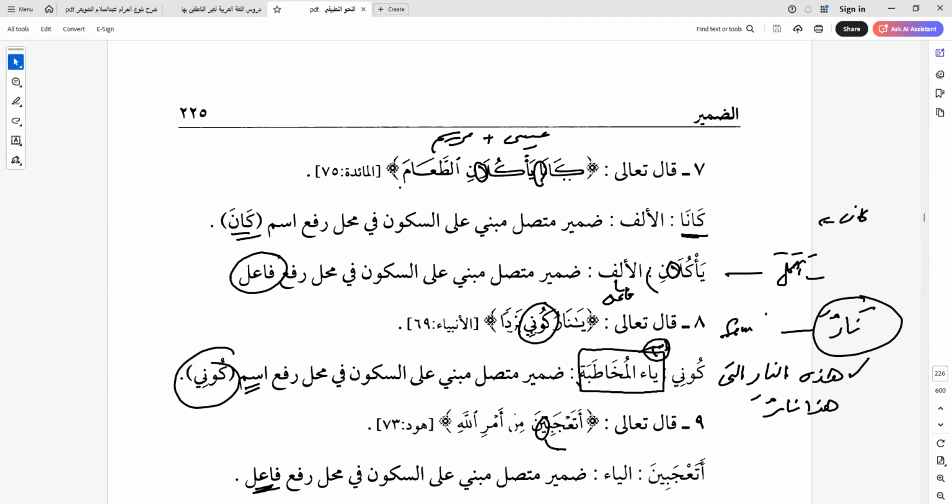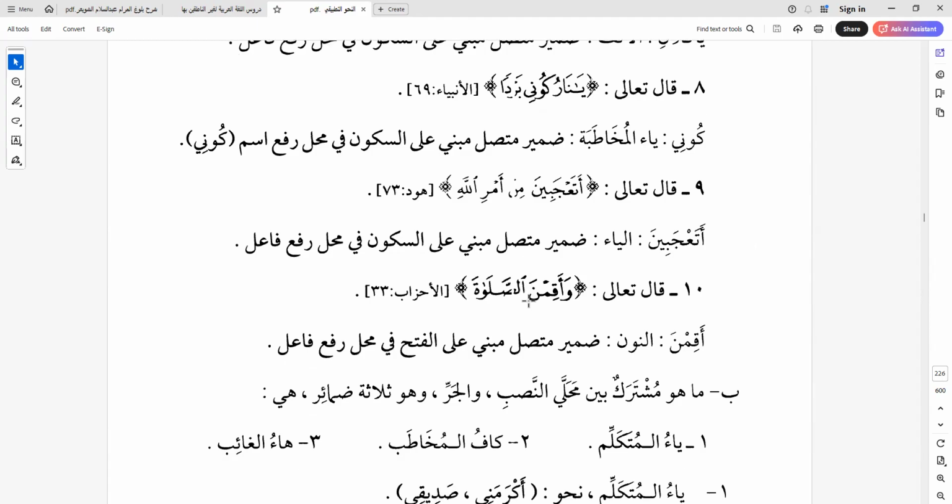So you can see that all these ضمائر that we are analyzing are connected to either the noun or the ism kana that we are analyzing.